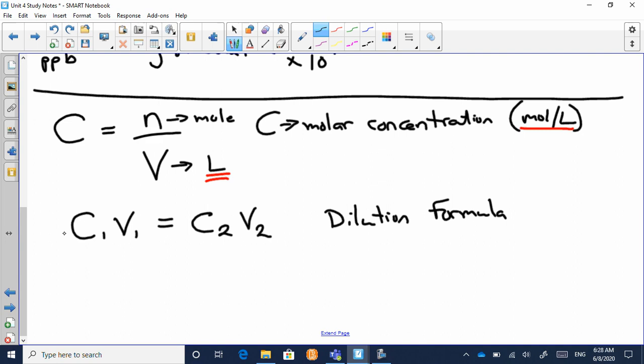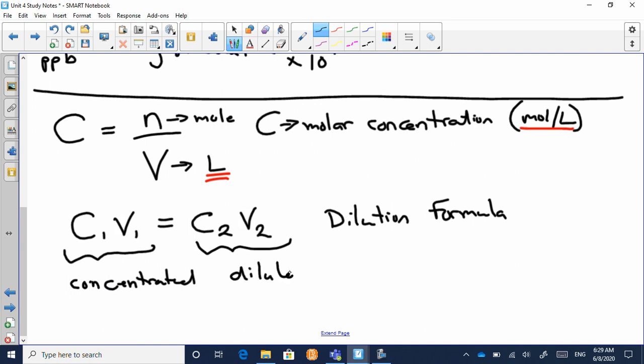What we do by definition is, remember, it's a concentration and a volume, we would use the concentrated solution you put on one side, and the dilute solution you put on the other side. Okay, and again, I'm going to do a dilution question for you when we do the practice assignment.